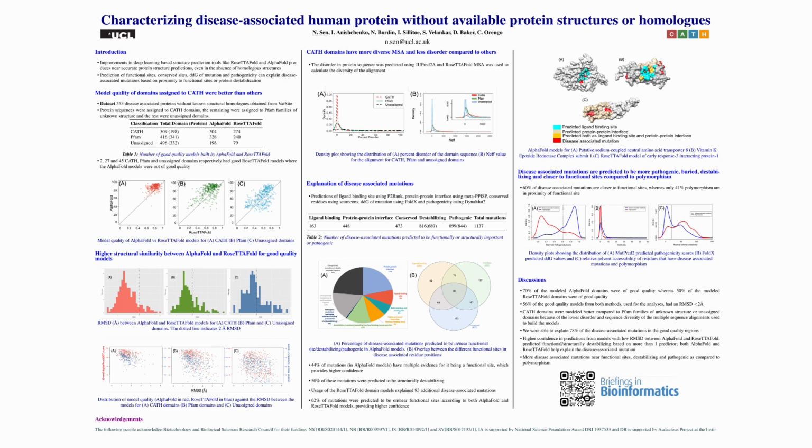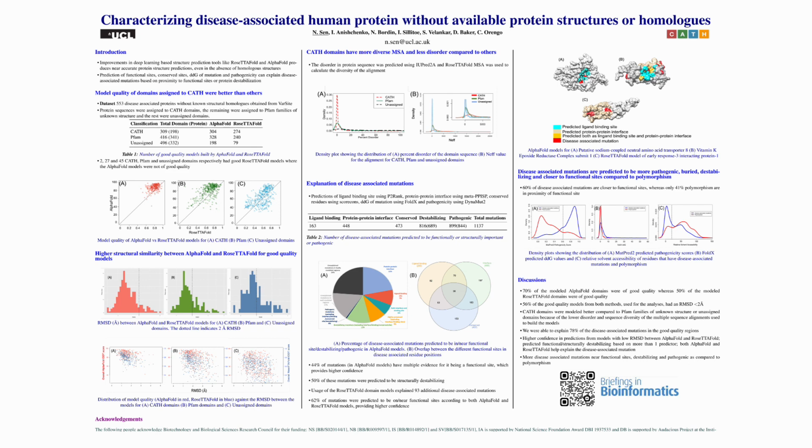We had higher confidence in the predictions when multiple tools predicted the same site as on or near a functional site, which can be seen in the Venn diagram. Using RosettaFold models, we could additionally explain 93 mutations which could not be explained using AlphaFold models, because the AlphaFold models were either of low quality or the predictions could not come from the AlphaFold model.